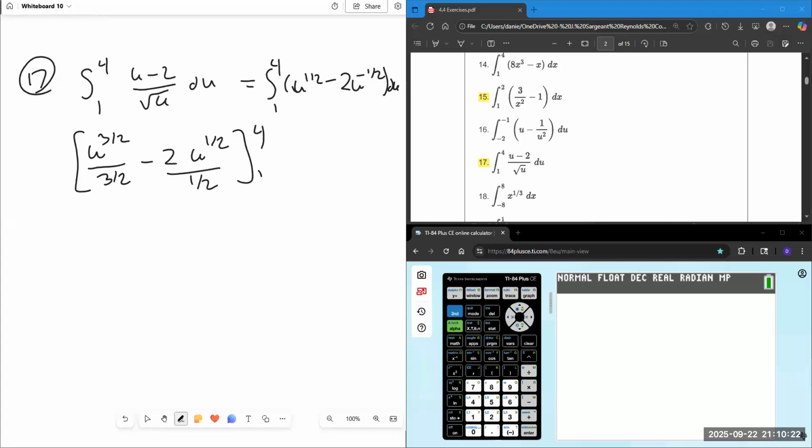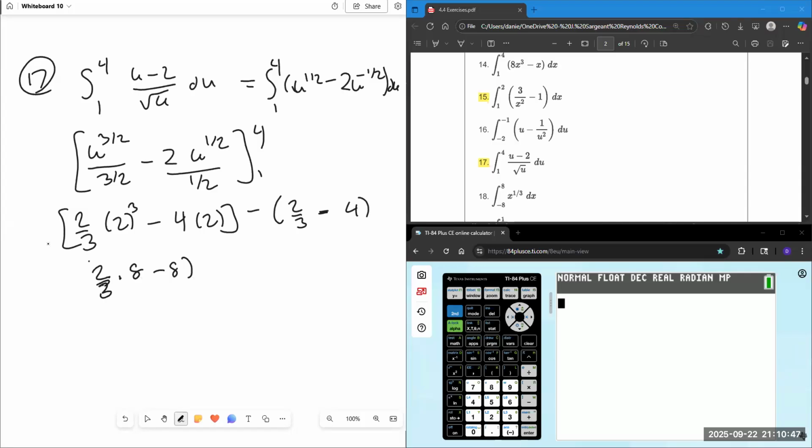Sticking 4 in here, 2/3 times 2 cubed minus 4 times 2, and then minus 2/3 times 1 minus 4, is 2/3 times 8 minus 8, minus 2/3 plus 4.